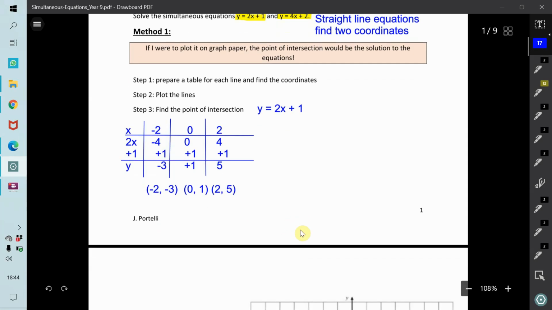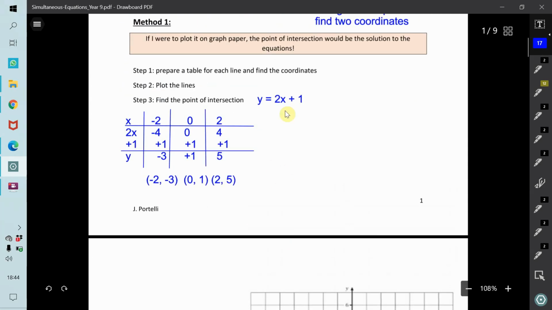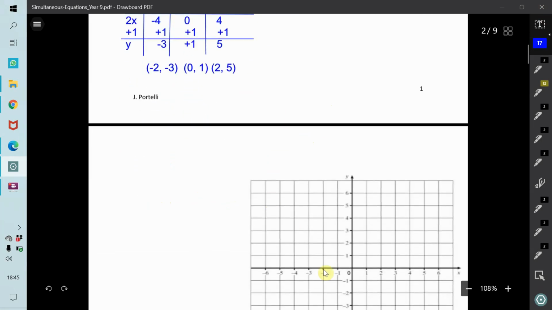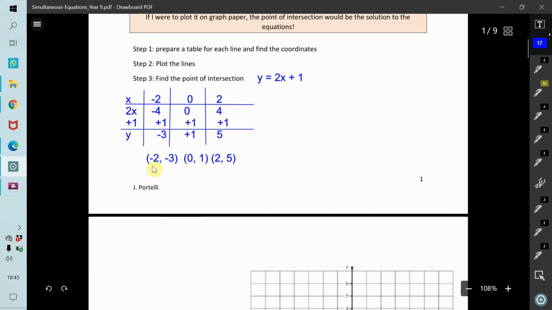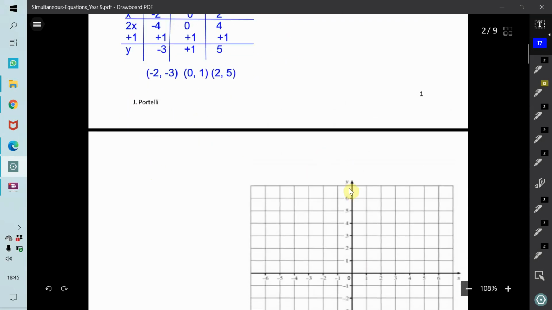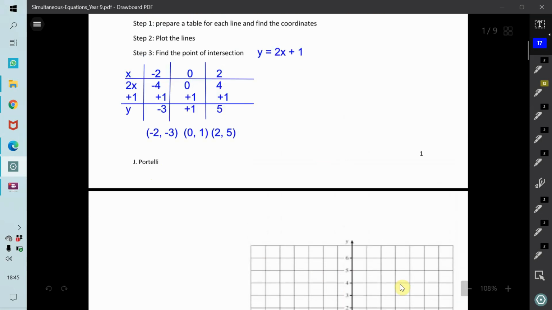Once I've got the coordinates, you should always do the second table and then you draw it. And I'll tell you why. Because you have to draw both lines on the same graph. So it's true we drew it for you, but when you are drawing them, girls, you have to draw your y and x axis, and you need to figure out how long these axes should be.